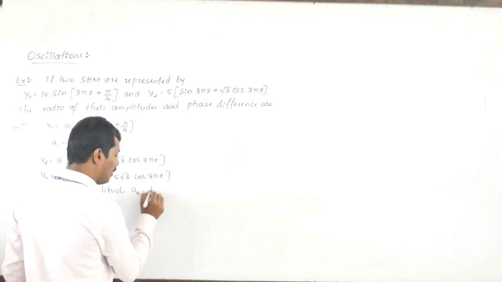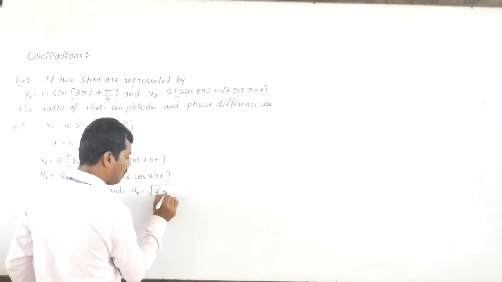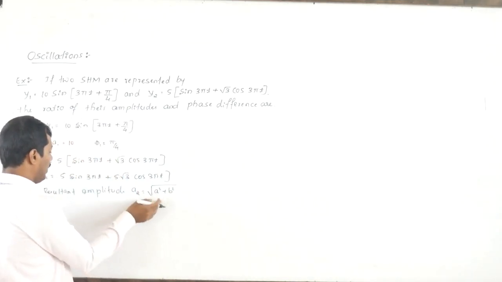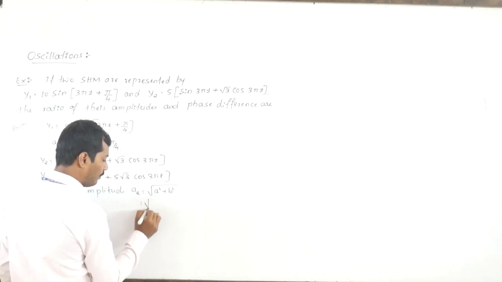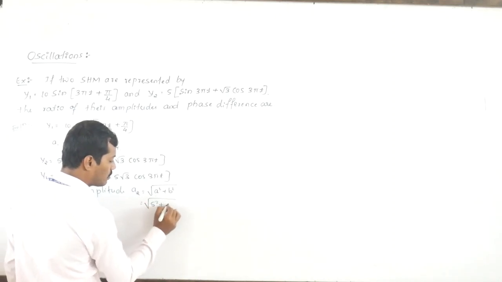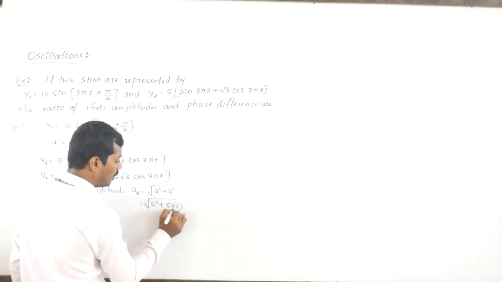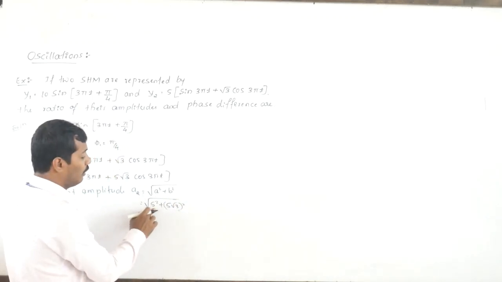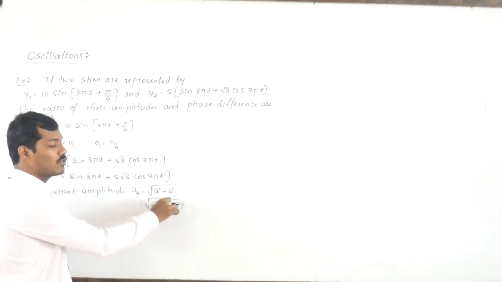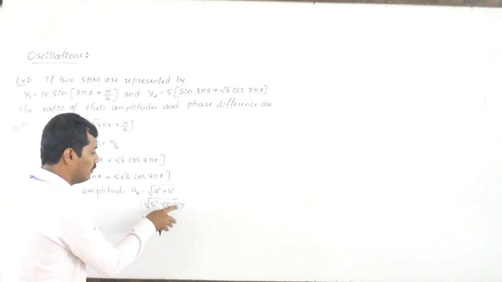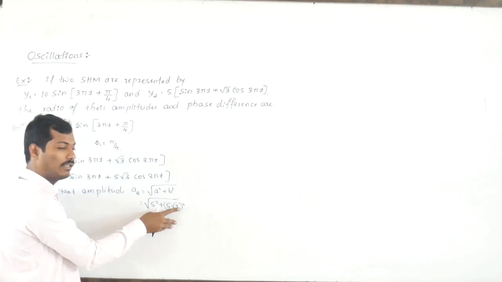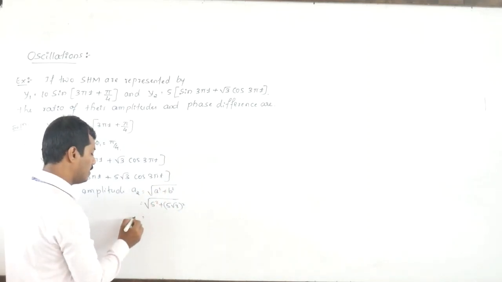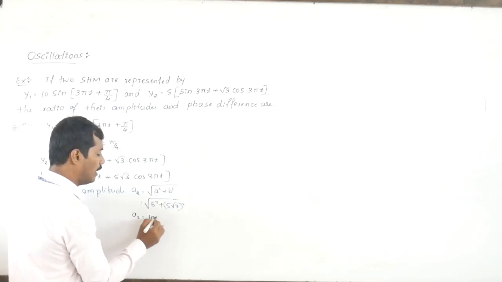Our form is the root of a square plus b square, so A2 equals root of 5 square plus (5 root 3) square. 5 square is 25, root 3 square is 3, and 3 into 25 is 75. 75 plus 25 is 100. Root of 100 gives A2 equal to 10.